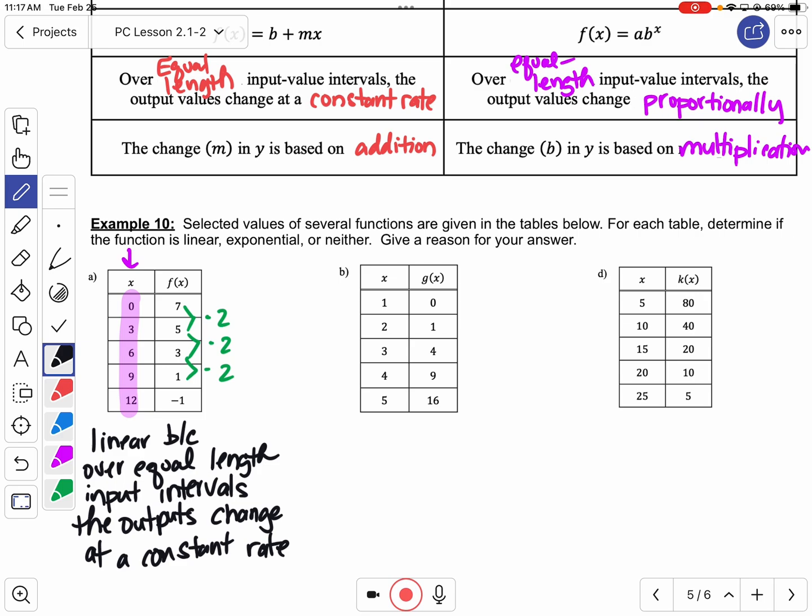Check the next one. What are you going to look at first? X's. Are they equal length between each x? Yeah, they are. So now look at your y's. What do we think?